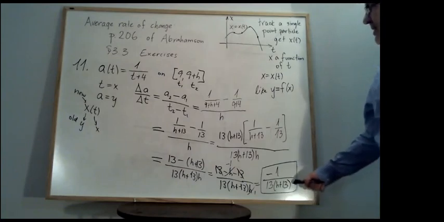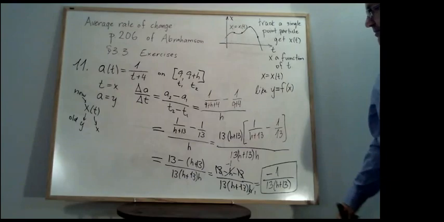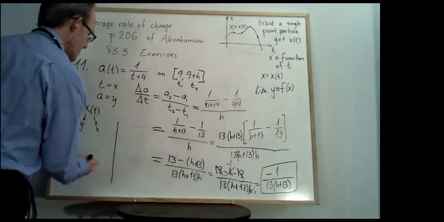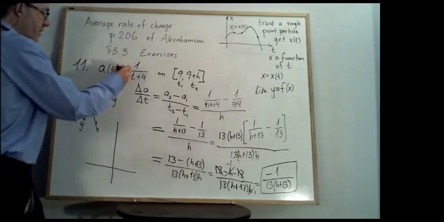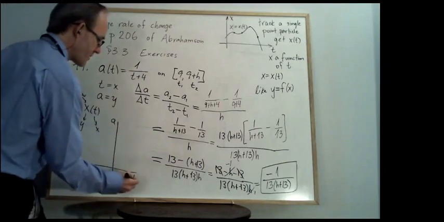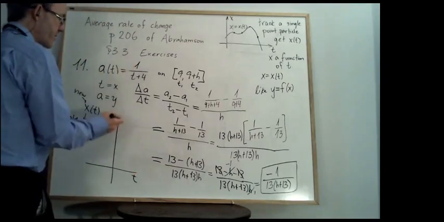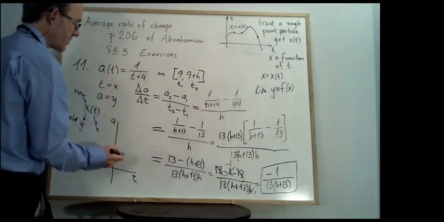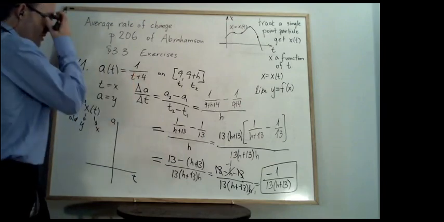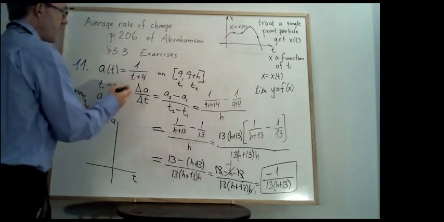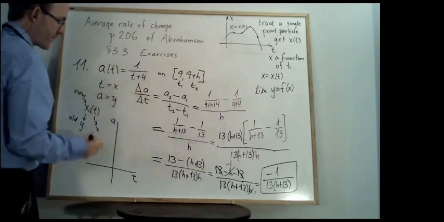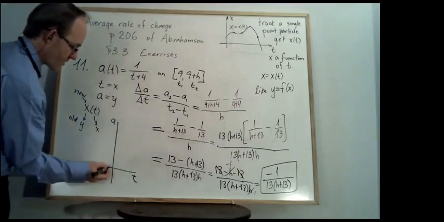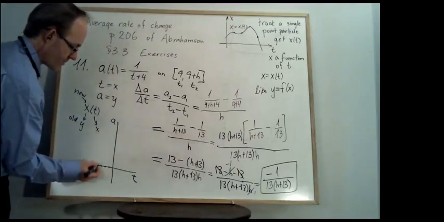We could check graphically, does that make sense? Well, we have a here, we have t here. We have a function that's going down. At t equals -4, it's undefined. So 1, 2, 3, 4.